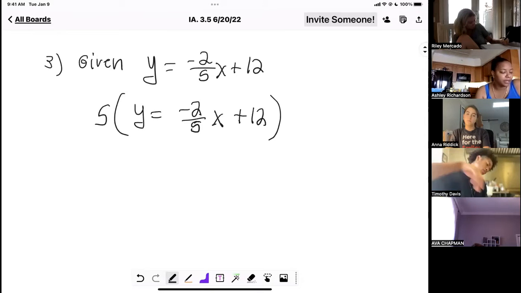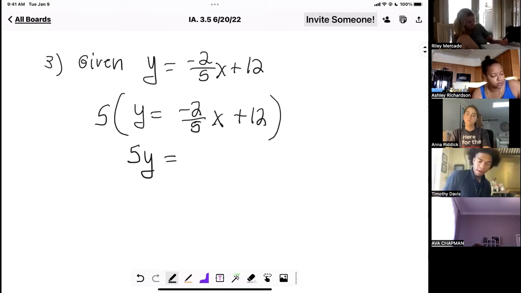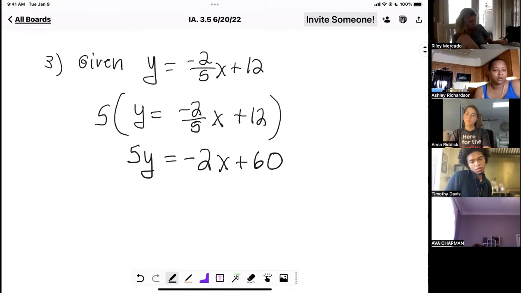So 5 times y is 5y. 5 times -2 is -10 divided by 5, which is -2x. And 5 times 12 is 60. You're going to see how easy it is when it's slope intercept form. I just got rid of my fractions. Now all I have to do is add 2x to the other side and I'm done.